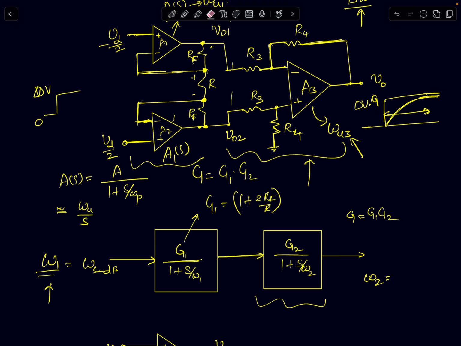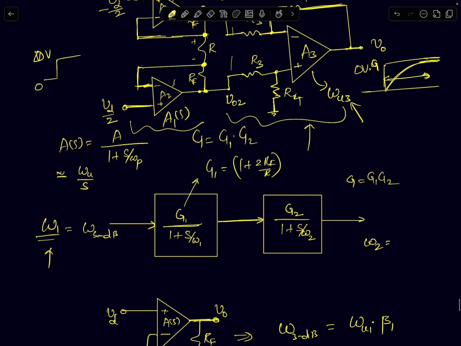Now, whenever you cascade two amplifiers or two transfer functions with a single pole response, the overall speed of the system is determined by the slowest of the two systems. That is in terms of time domain. Whenever you cascade two systems, the overall bandwidth of the cascaded system will be lower than the lowest bandwidth of the two systems.